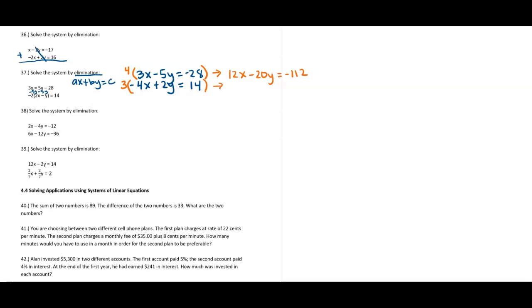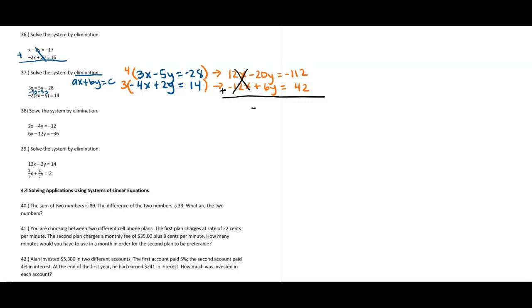That will give me negative 12x, right, plus 6y equals, and then 3 times 14 gives us 42. Right, and now when I go to add these together, I see that my x's eliminate. I was doing that on purpose. But what's left?